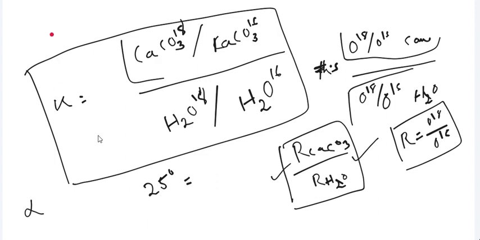So let us take a foraminifera shell. Let us take out the carbonates and calculate the O18 by O16 value. Then we can put it here and find the ratio. After finding the ratio, I can directly find out the temperature, or I will put the approximation factor in the graph.